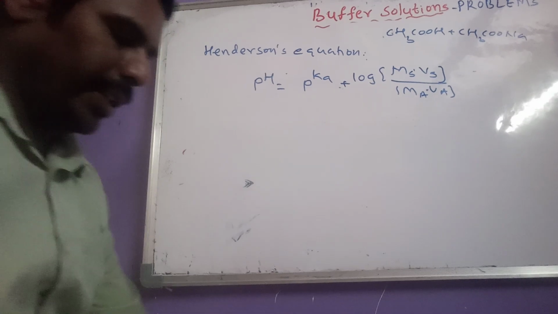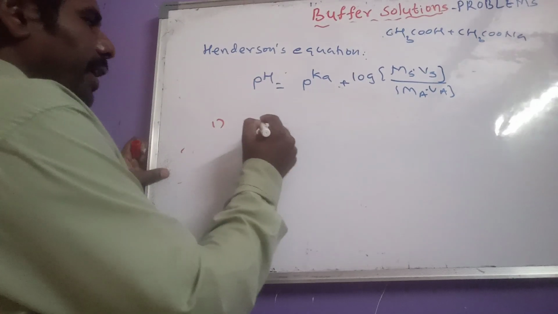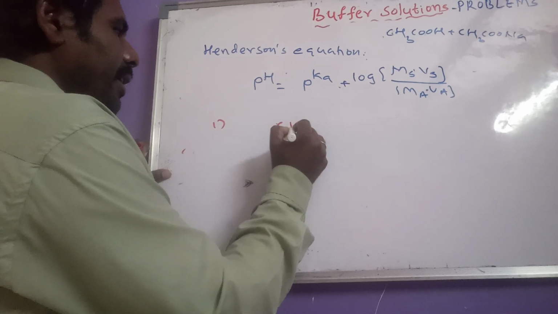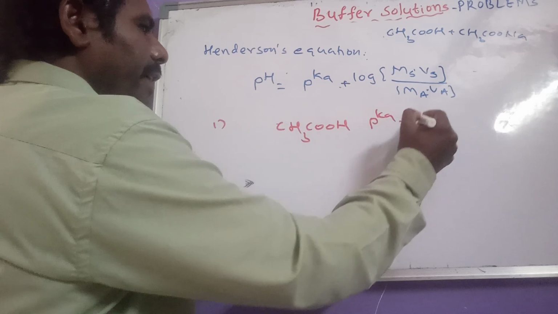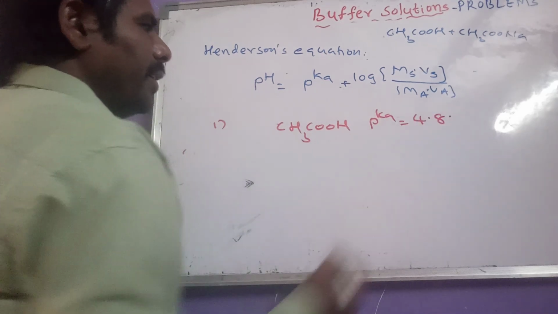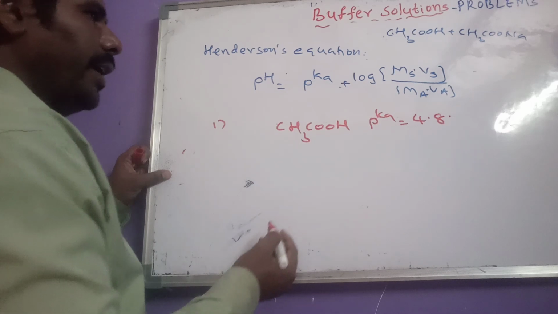What is the question here? For example, consider acetic acid, whose pKa value is 4.8.